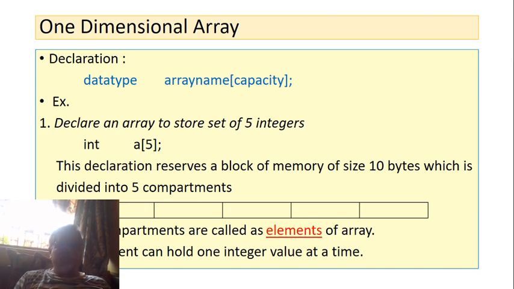Each compartment will be of size 2 bytes and such 5 compartments will be there, so total size will be 10 bytes. These compartments are called as elements of array, and each element can hold one integer value at a time. So this array A can be used to store a set of 5 different integer values.